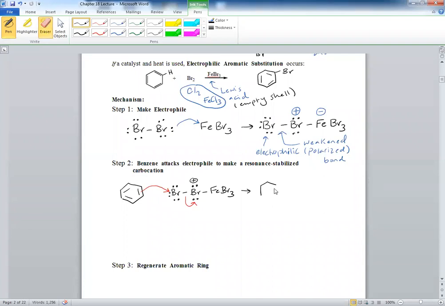Okay, let me just bring this one down because I need to draw Lewis structures for the bromine and the iron 3 bromide, as well as different resonance structures.